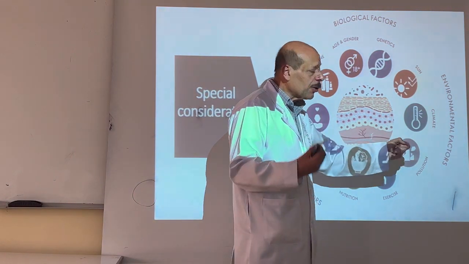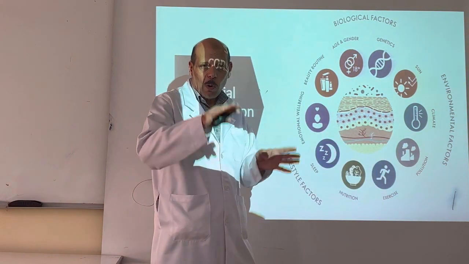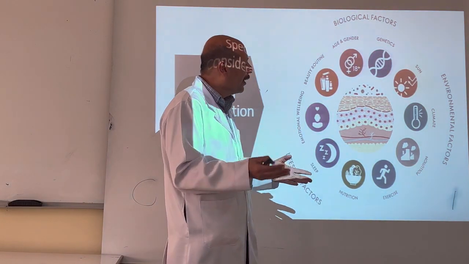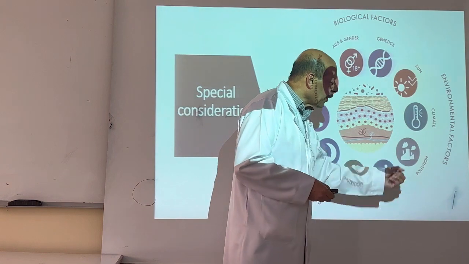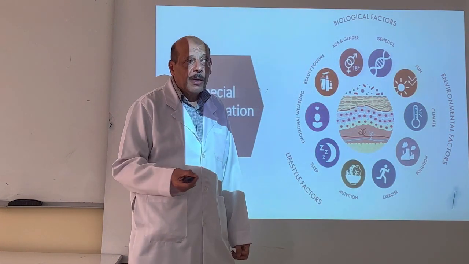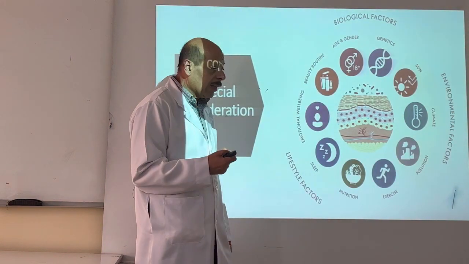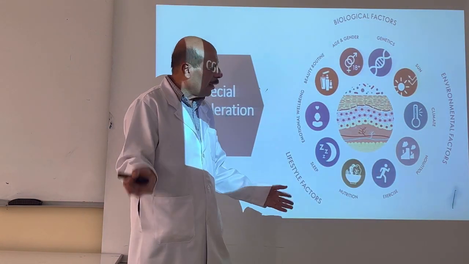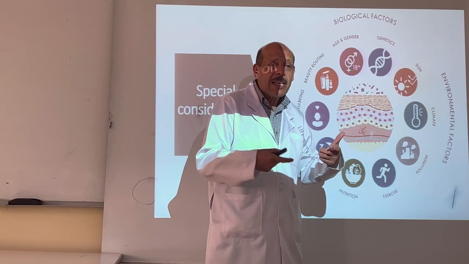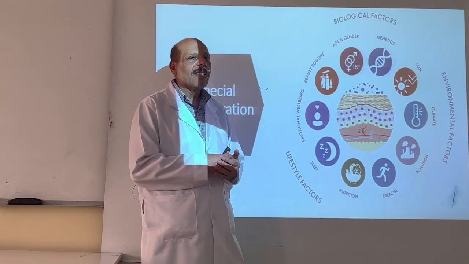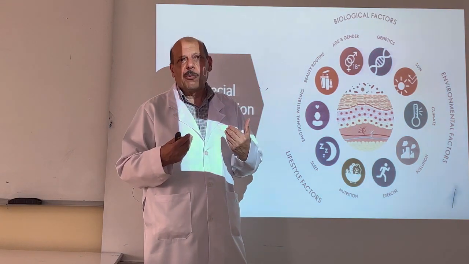The climate also, if it is a cold or hot climate, it will affect our skin and lead to changes. Pollution also will be affecting our skin if there is any pollution within the area. Exercise that we are doing also, when we are doing exercise, there are changes that will appear in the skin.